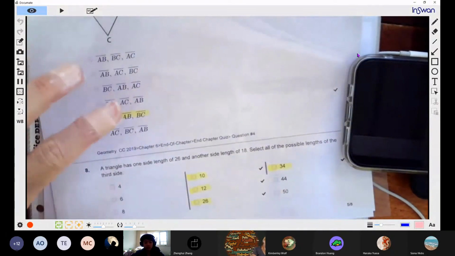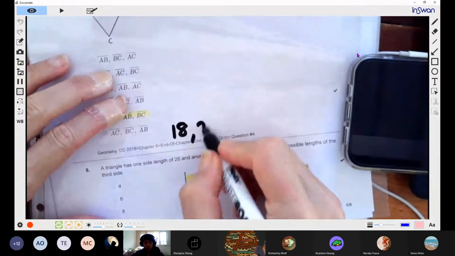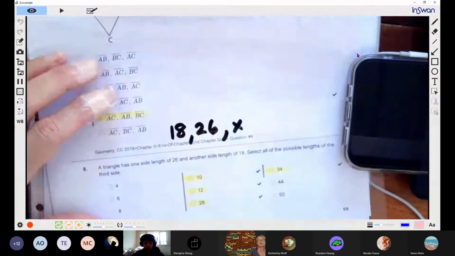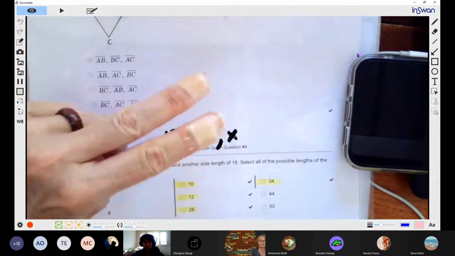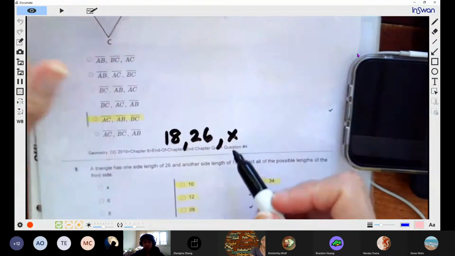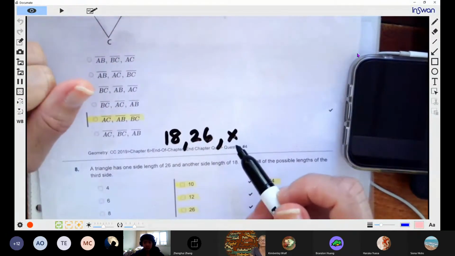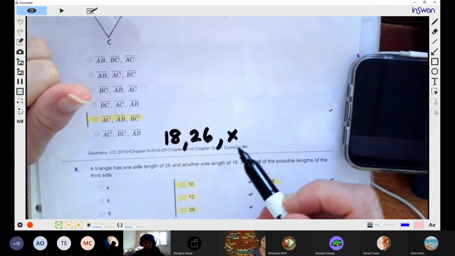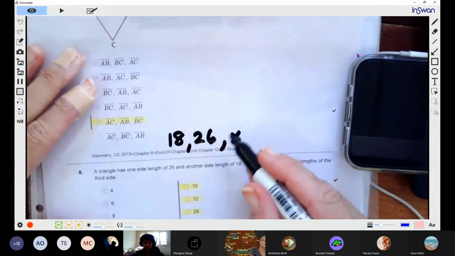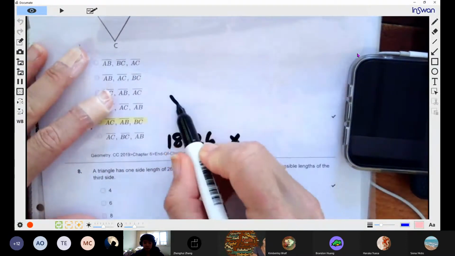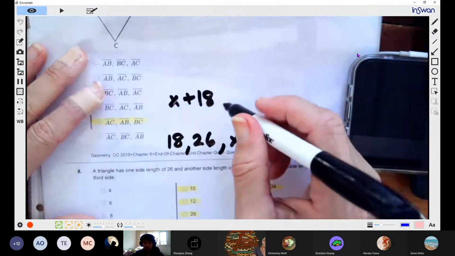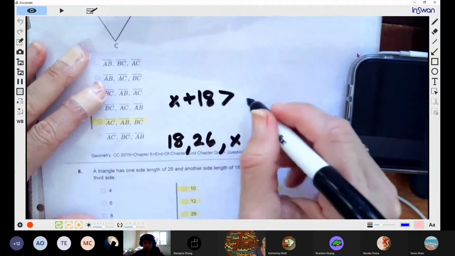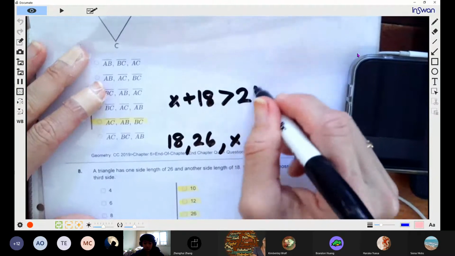So you have sides of 18, 26, and X. All right. There's 2 possibilities, just like we did in the notes. Either X is the shortest one or X is the largest one. So if X is the shortest one, then you can write that X plus 18 has to be greater than 26.